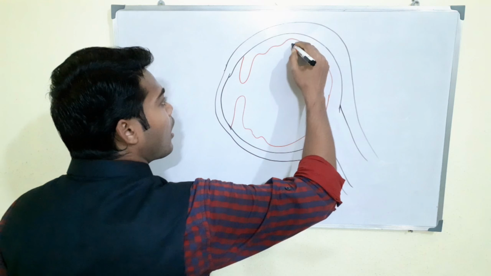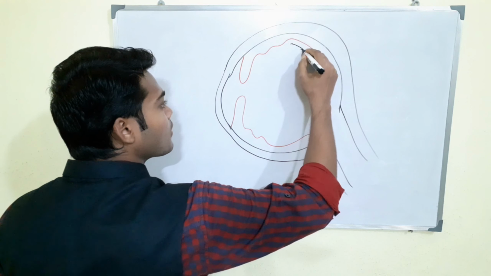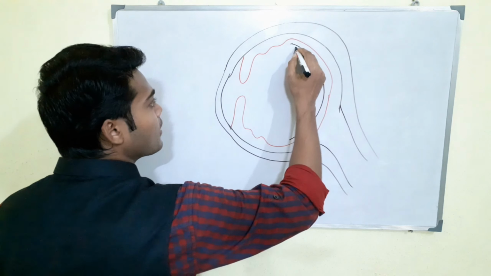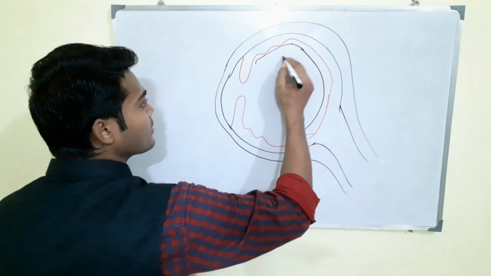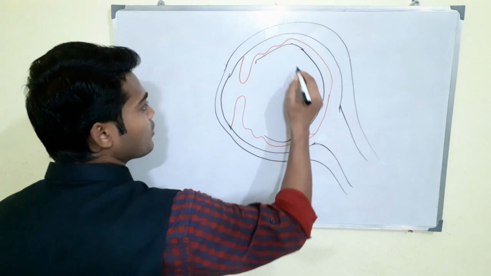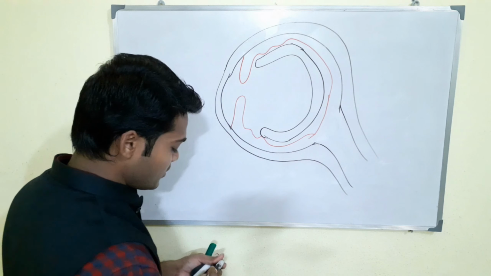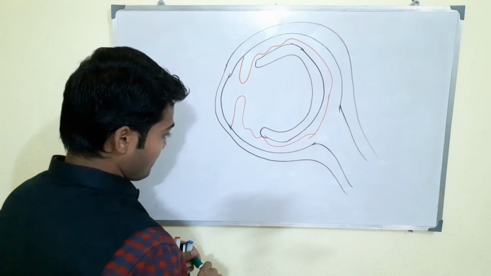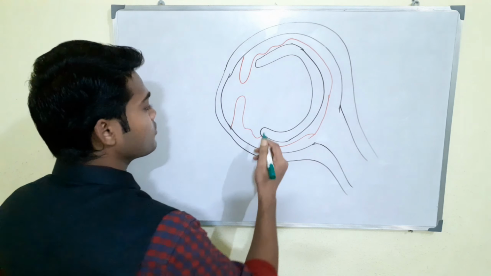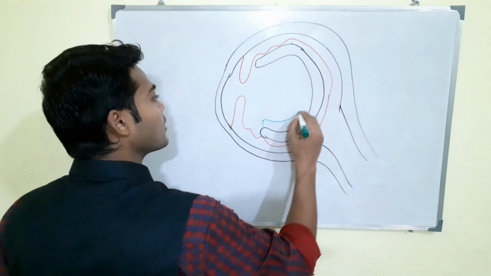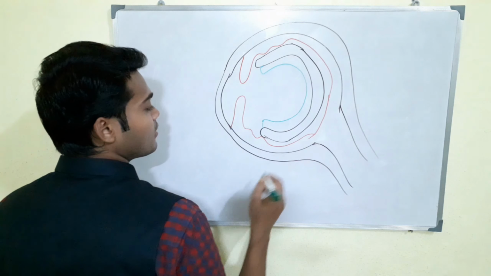Now the outer layer of retina, right? This is the outer layer of retina, and after this, up to here is the inner layer of retina, right?